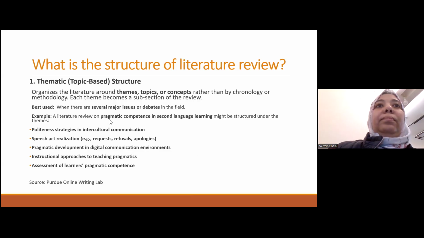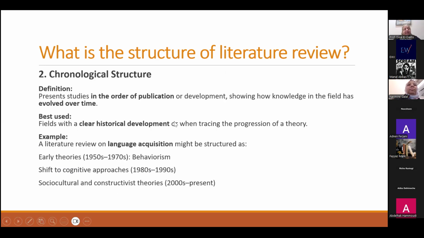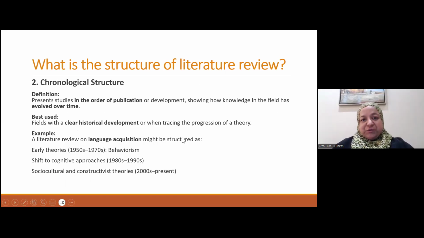So, for example, if you have a topic about pragmatic competence in second language learning, maybe you can have headings in the literature review like politeness strategies, speech act realization, pragmatic development, instructional approaches to teaching pragmatics, and assessment of learners' pragmatic competence. Another structure is chronological, which is also very commonly used.